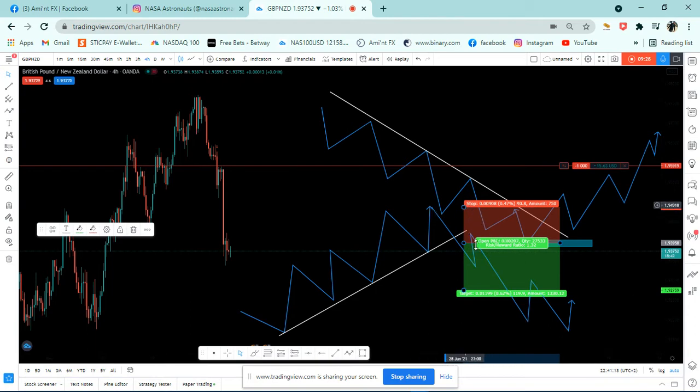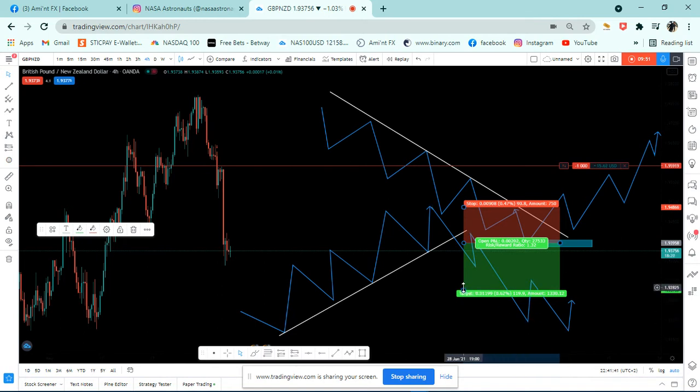You put your stop loss there. That's if the market didn't reach the previous high on the retest. That's when you put your stop loss at the previous high.